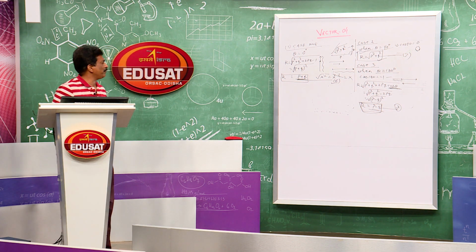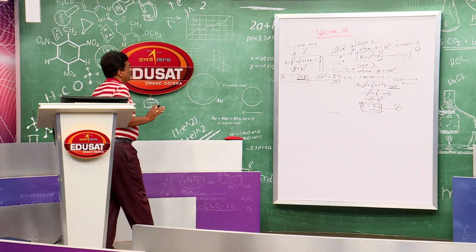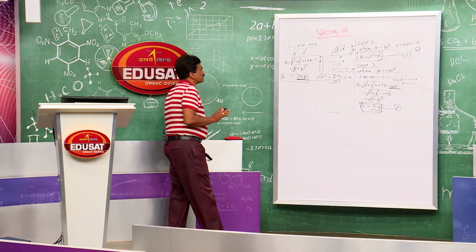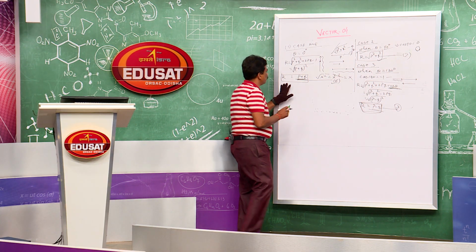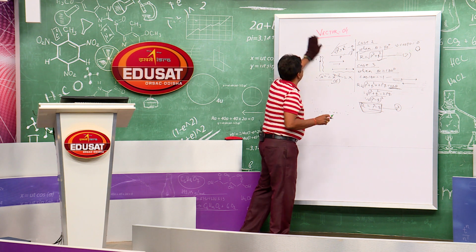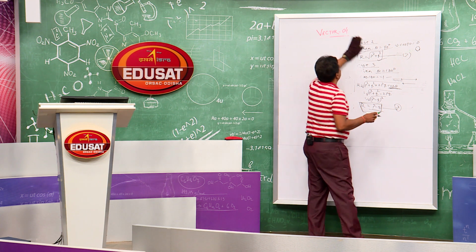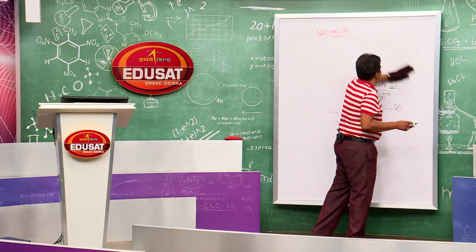After taking these 3 different cases, we know that the resultant always depends upon the angle between the two vectors. So, after knowing this, let us discuss some numericals relating to it.